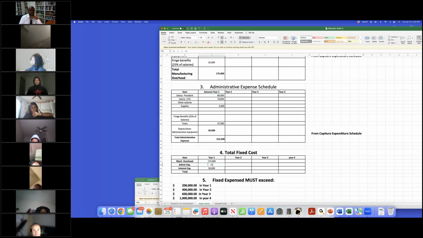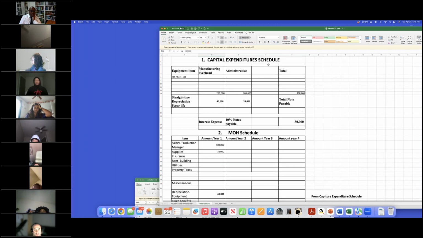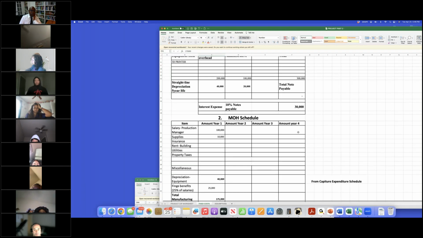So given this set of facts, then your total fixed costs would be 417,500. So you see how we did this? We start off with the capital expenditures, and we get two things: our depreciation expense, and we get our interest expense. We go ahead and bring the interest expense down, 30,000.